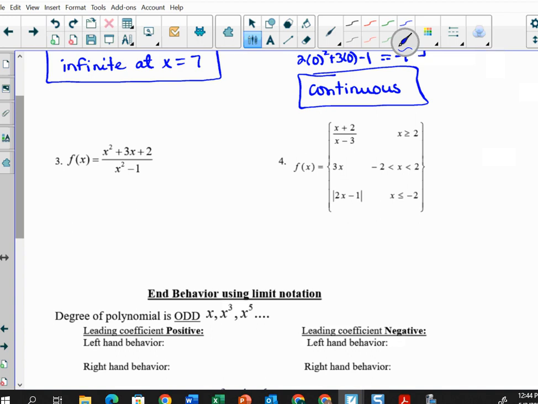You can have more than one discontinuity in a problem, okay? Talk to each other, work together if you need to.